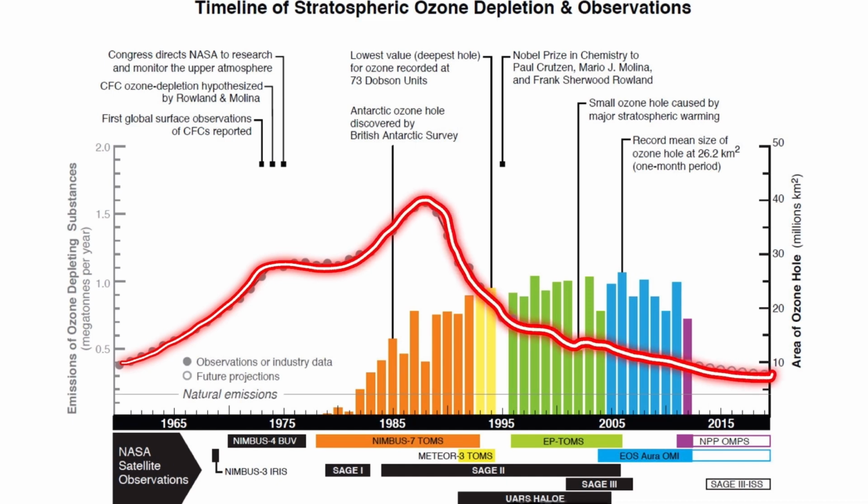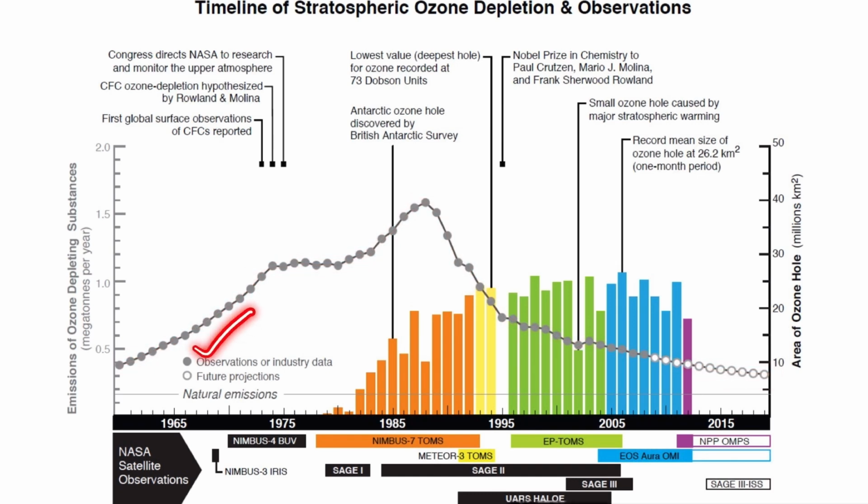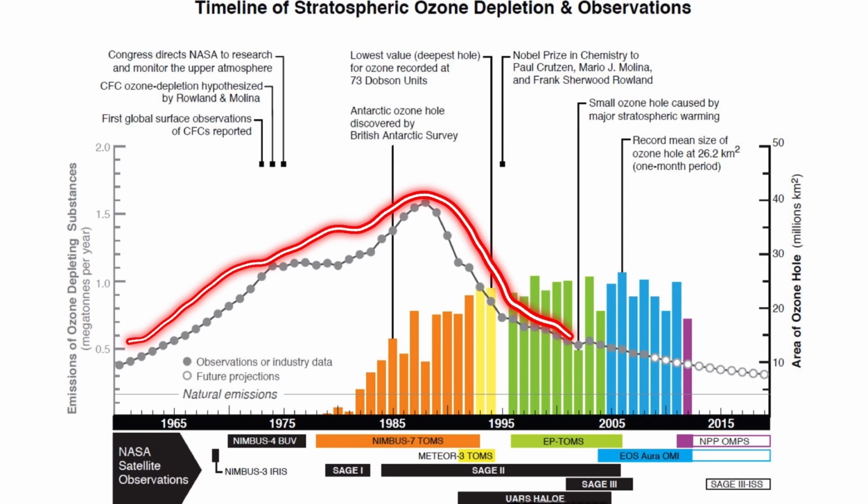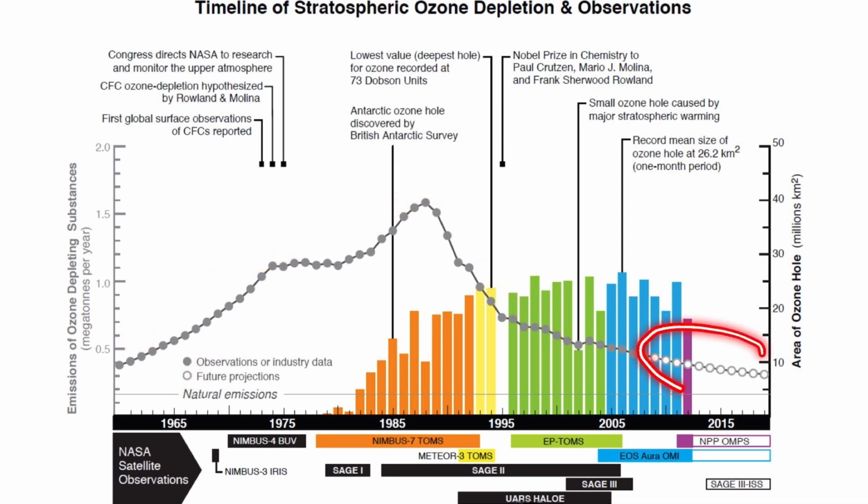Now it is decreasing. The solid spheres represent actual observations of the data from the industry, whereas the empty spheres explain the future projections, and this is not the actual data. So these are the things which have to be explained in this timeline of the stratospheric ozone depletion.